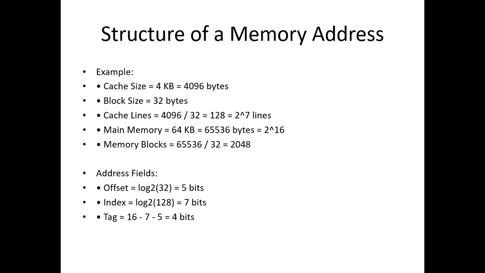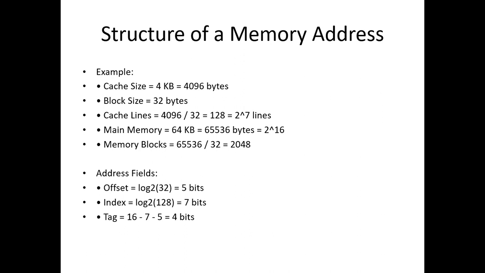Now we need the number of cache lines and the number of memory blocks. To get the number of cache lines, we divide the cache size by the block size, which is equal to the line size, because the block size of the memory is equal to the line size of the cache.